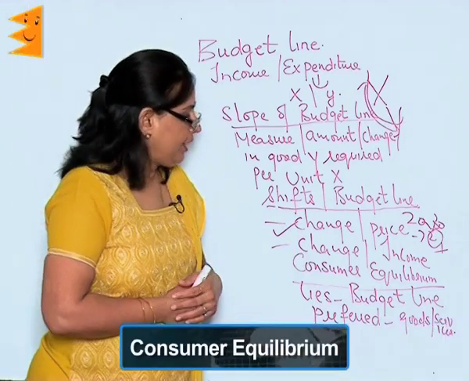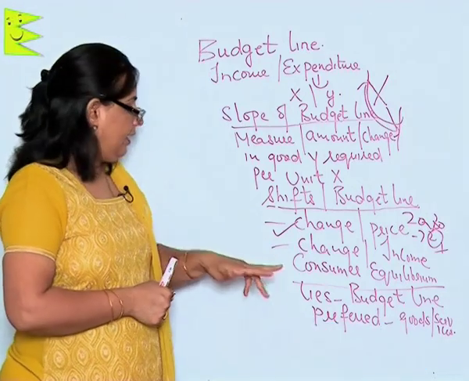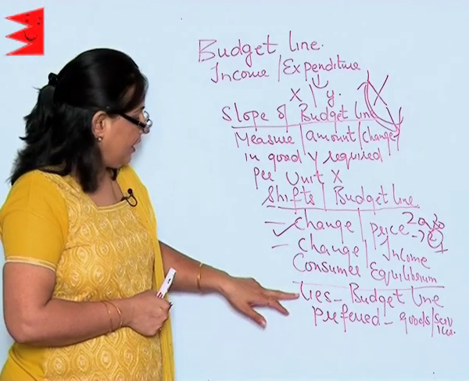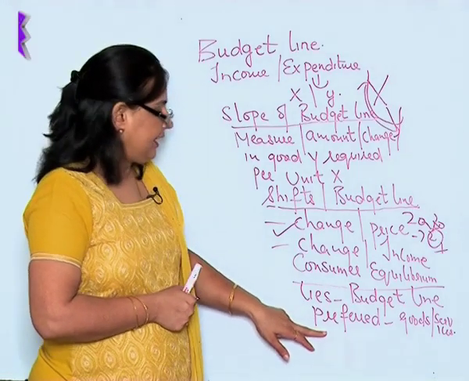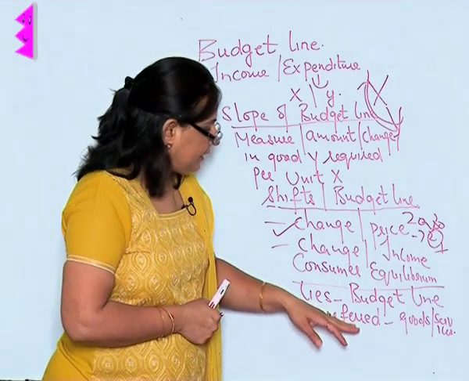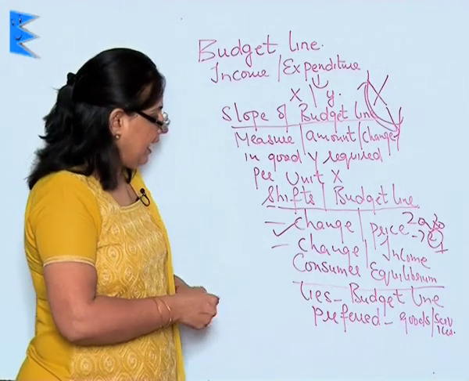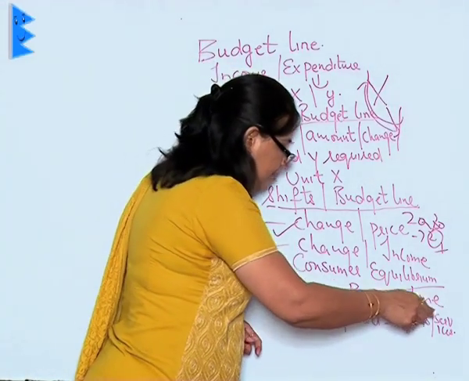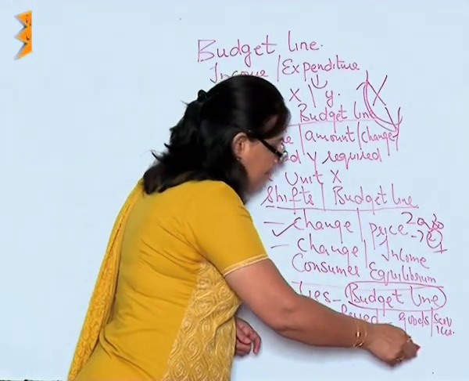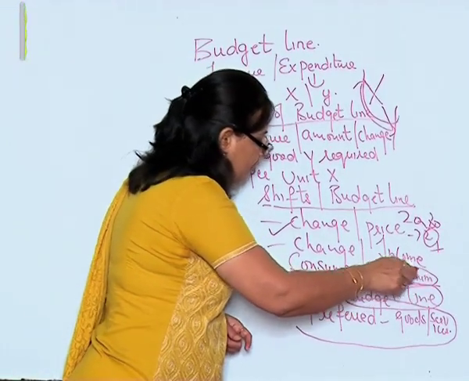Now, consumer equilibrium. Consumer equilibrium lies on the budget line, that is the preferred goods and services that I get out of the money that I have. So, it lies on the budget line, that is the expenditure which I am doing, and if I am getting my preferred goods and services, that is consumer equilibrium.